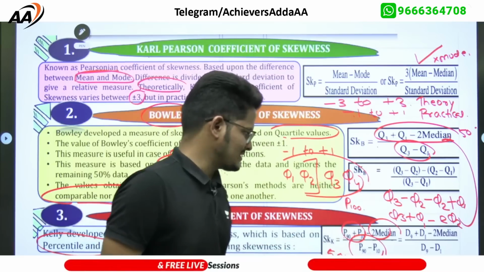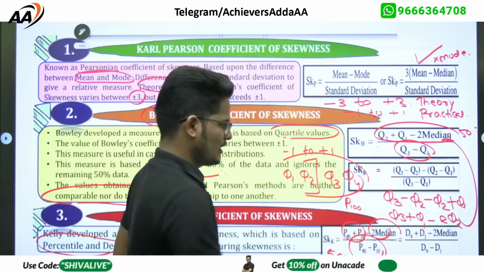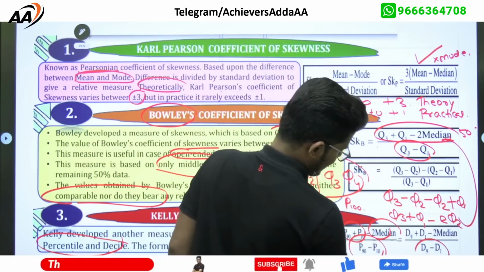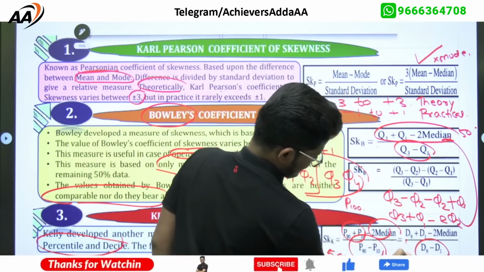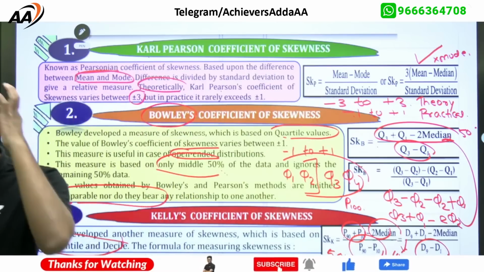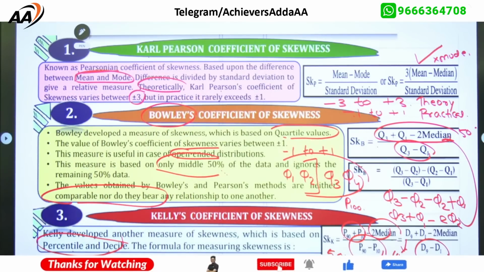If you want to represent the same thing in decile form, it is D9 plus D1 minus 2 median divided by D9 minus D1, because deciles are 10 equal parts and percentiles are 100 equal parts.